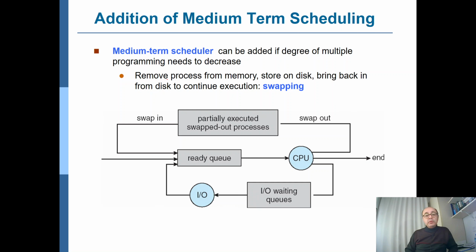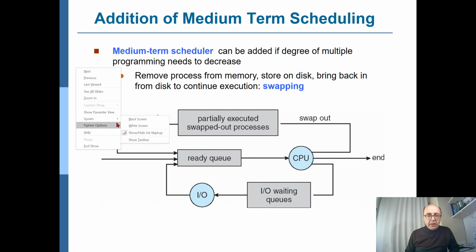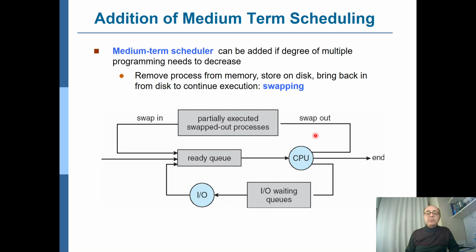So the medium-term scheduler is not, pay attention, replacing the short-term scheduler. The short-term scheduler manages the relation between the ready queue and the CPU, whereas the medium-term scheduler manages the swap in and out operations.